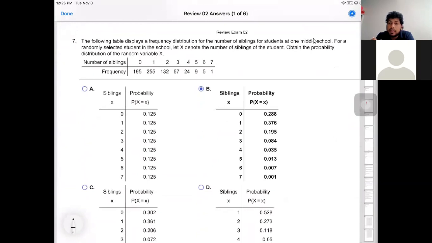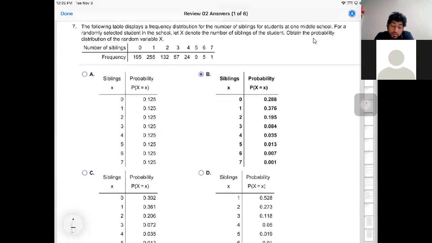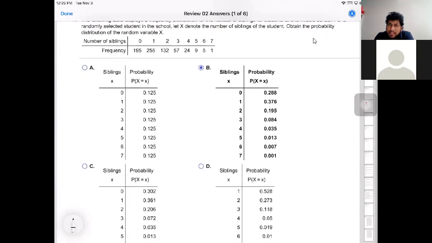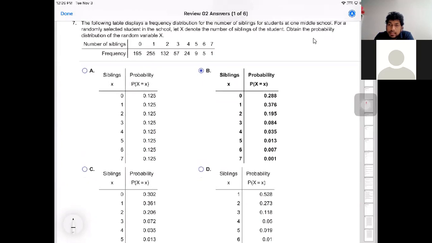You have to convert it into a probability value table. I'll tell you a quick way to solve this problem. You don't need to calculate each and every probability for number of siblings.